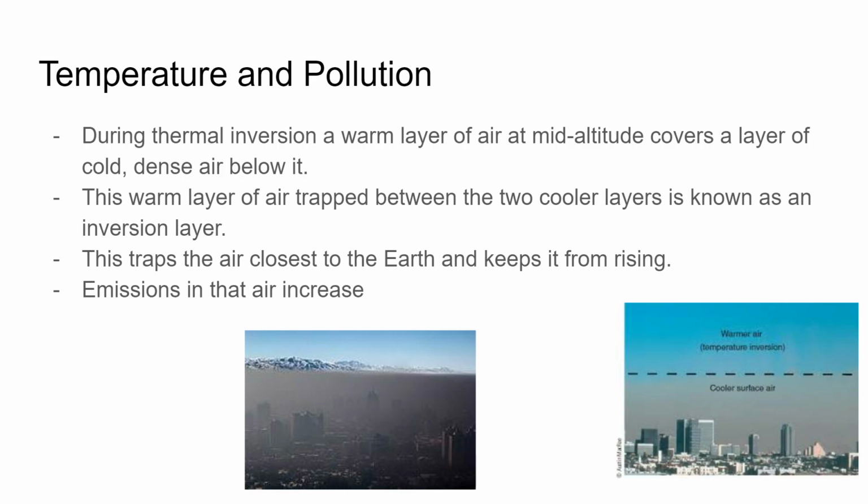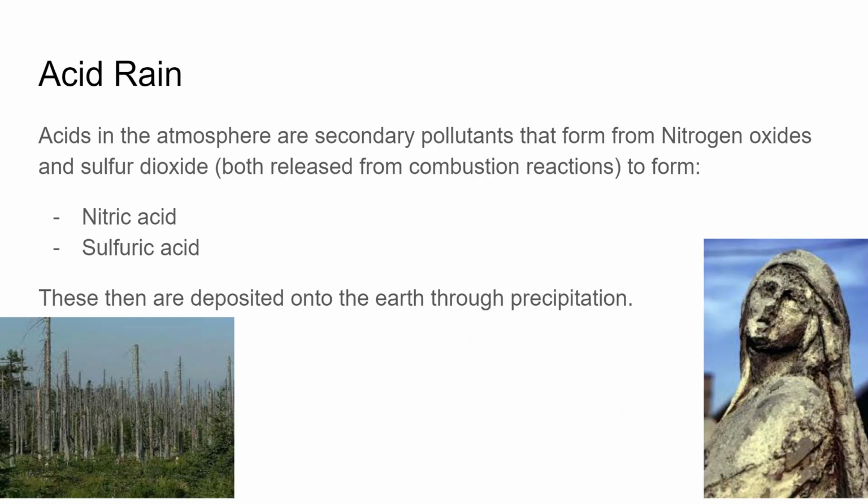The problem with this is when you have smog that's being released from the ground level, that smog gets trapped in that lower air and it's not able to dissipate. So you get more of those pollutants concentrating in that one air mass, and keeping it towards the surface where humans happen to be, where humans are breathing.